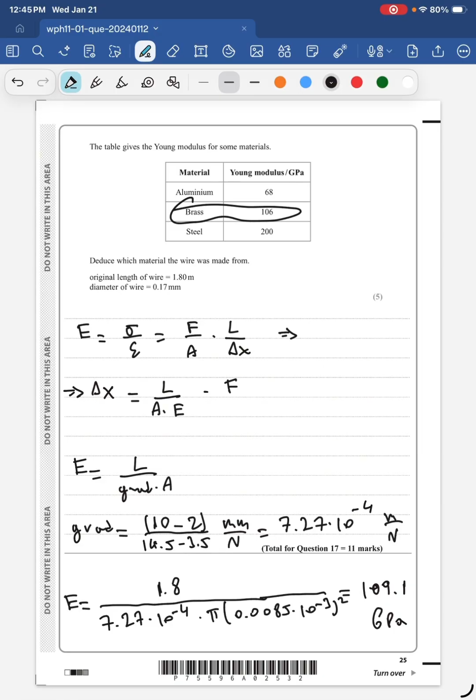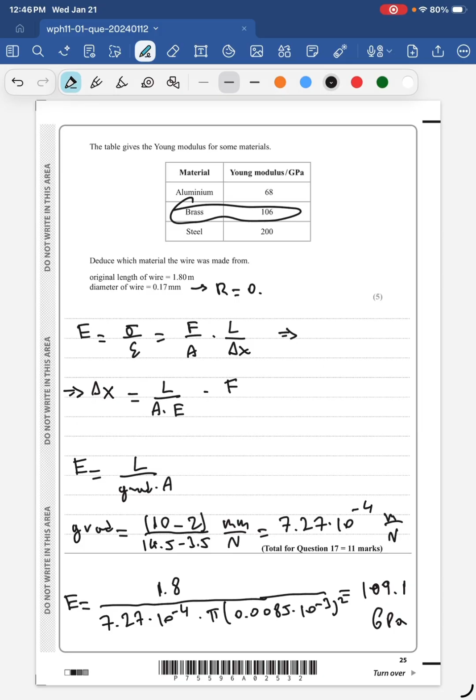In case you are confused, since the diameter is 0.17, then the radius is 0. Did I mess up something? Let me see. I think I messed up something. Something is bothering me.